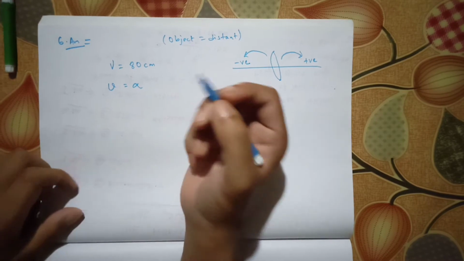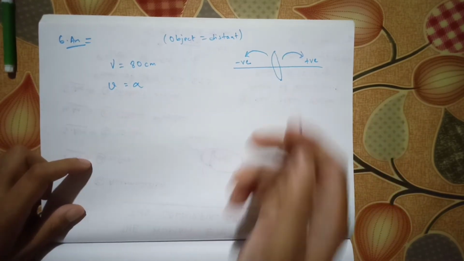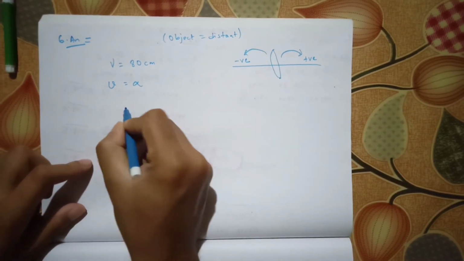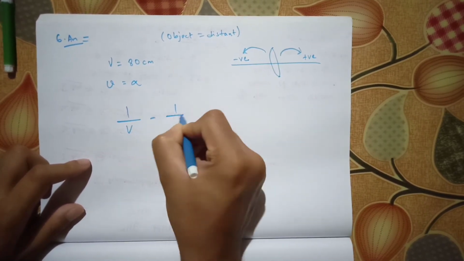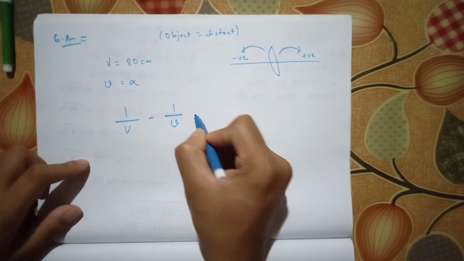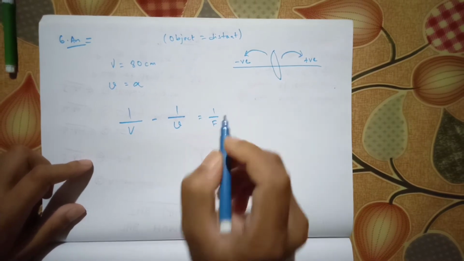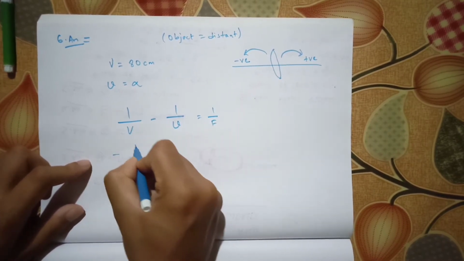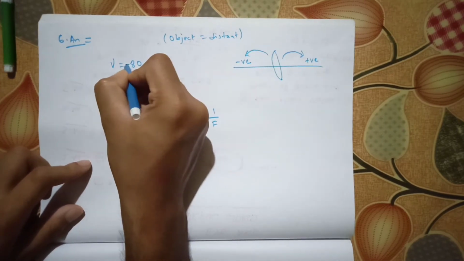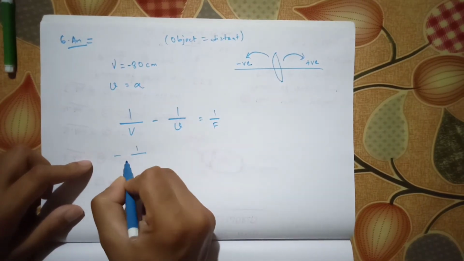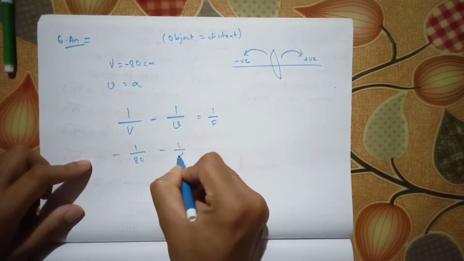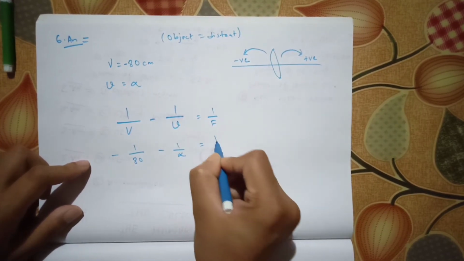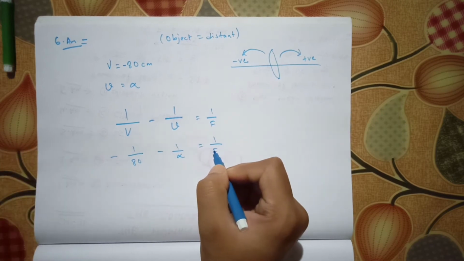As per the formula, we will put the lens formula here, which is 1 by v minus 1 by u equal to 1 by f. So putting in the values, this will be minus 1 by 80 minus 1 by infinity equal to 1 by f.